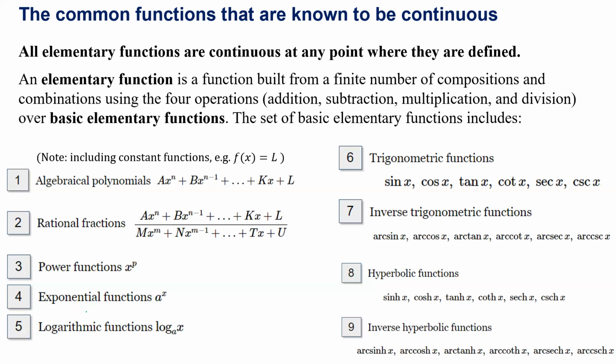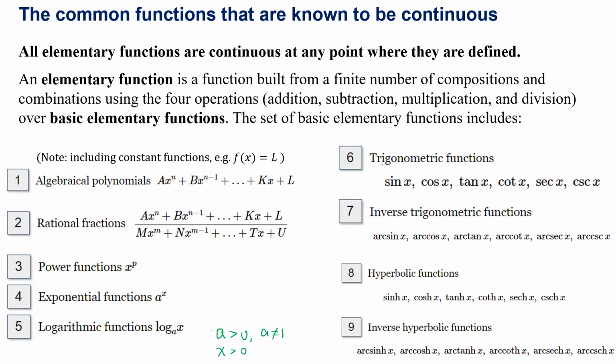So note here, the exponential function and logarithmic function are the inverse of each other, right? So in the logarithmic functions, note that the base number a must be greater than 0 and not equal to 1, right? And x must be greater than 0.